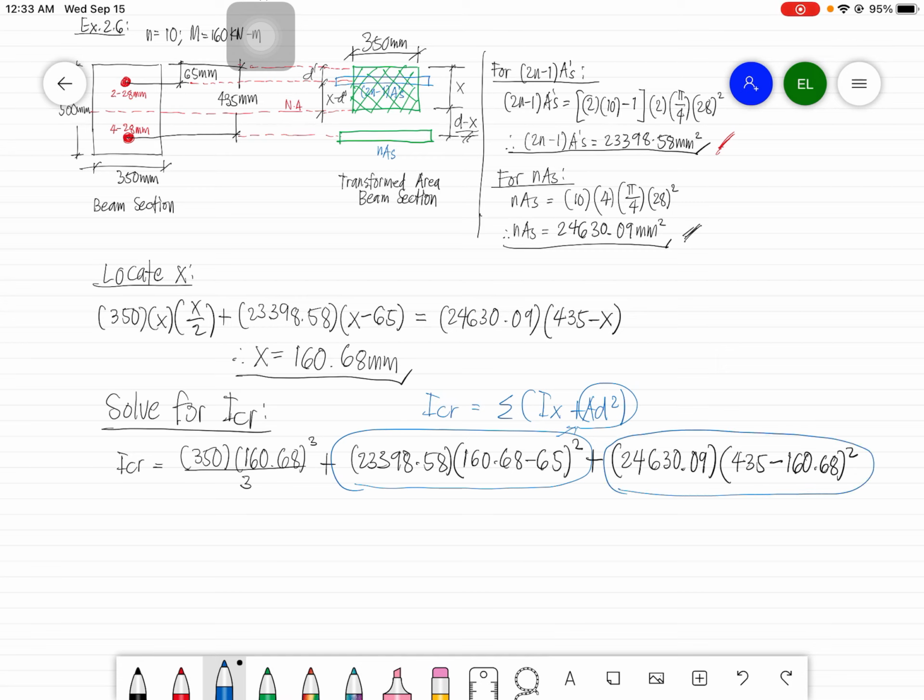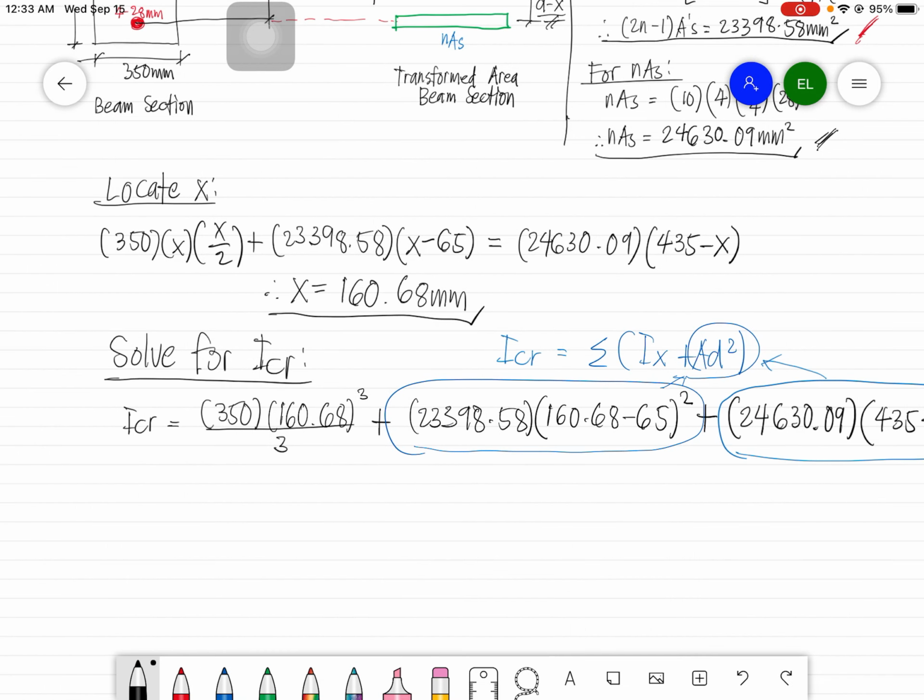The same with the tensile steel, that is AD squared. So ICR is equal to 2.55 times 10 raised to 9 mm raised to 4. So that is for our ICR.